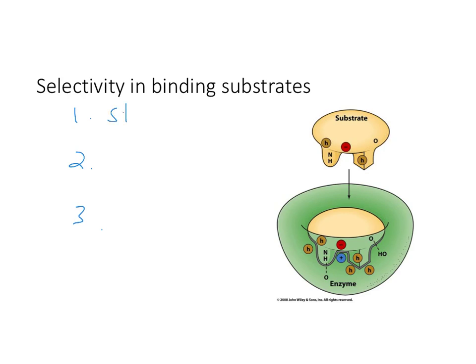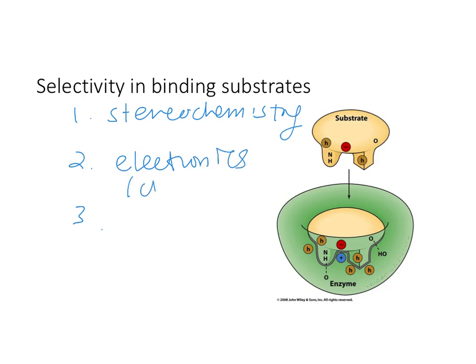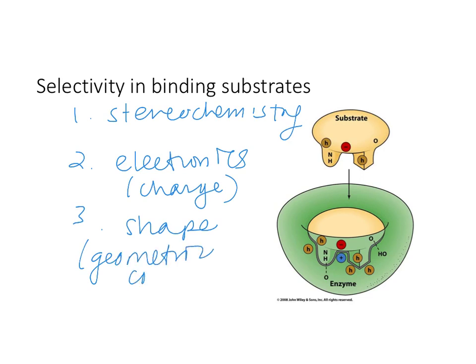The first one is stereochemistry. The second one is electronics. These are our charge-charge interactions. And then the third one is shape, also known as geometric complementary.